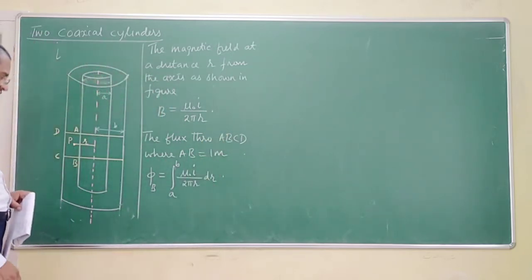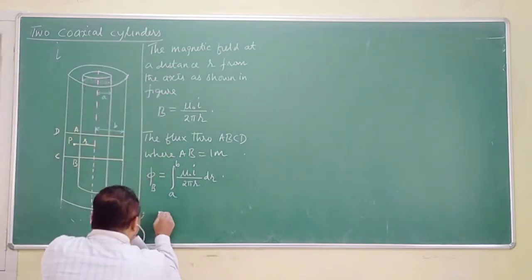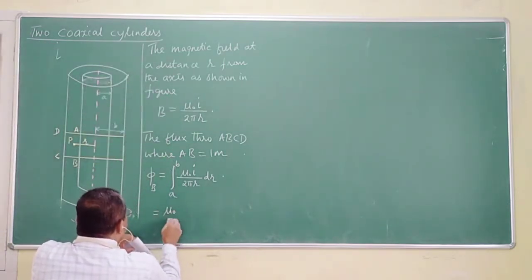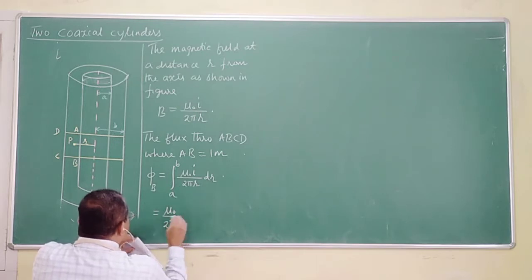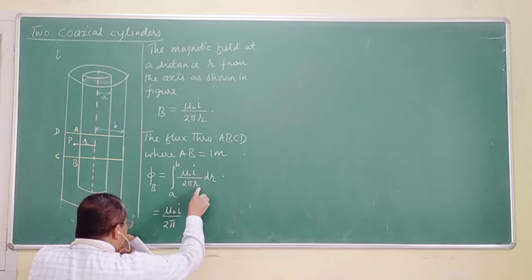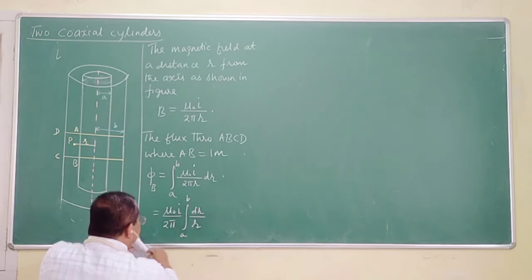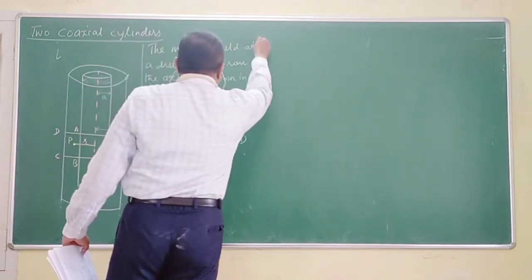Is that okay to you, sir? Mu naught by 2 pi is a constant. I is also a constant. You have integral A to B dr by r. Am I right, sir?